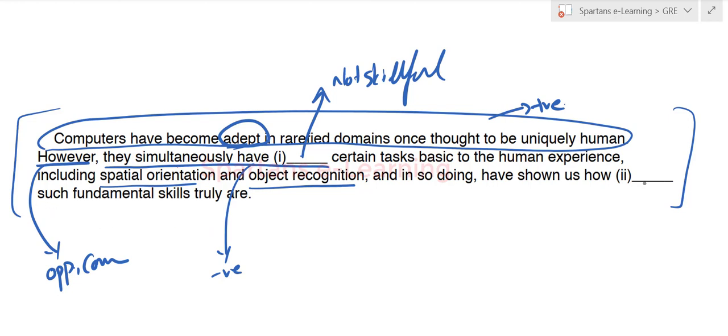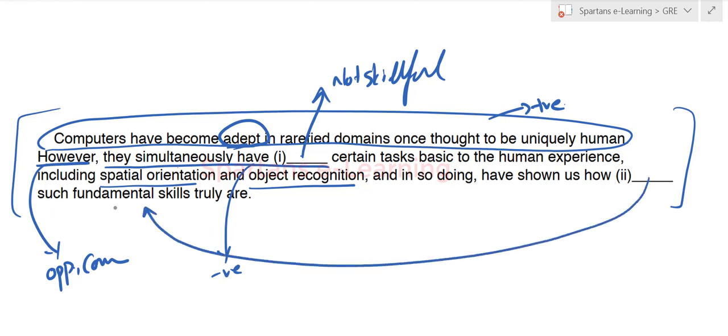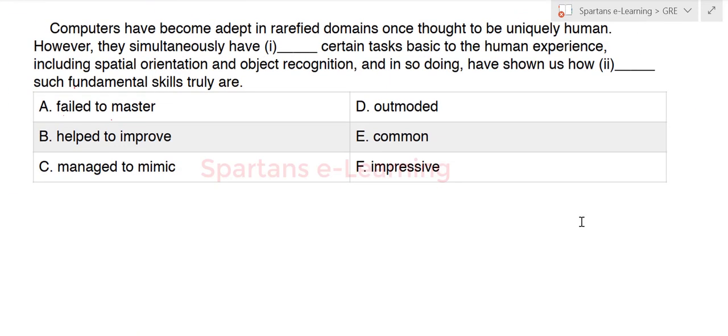Here this blank talks about the fundamental skills, right? So definitely these fundamental things must be something positive here, right? So we should have a word here which describes these fundamental skills. So let us go to the options.